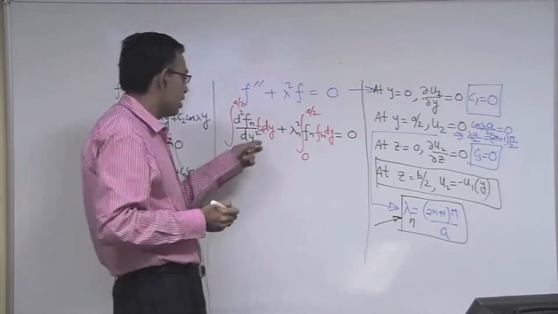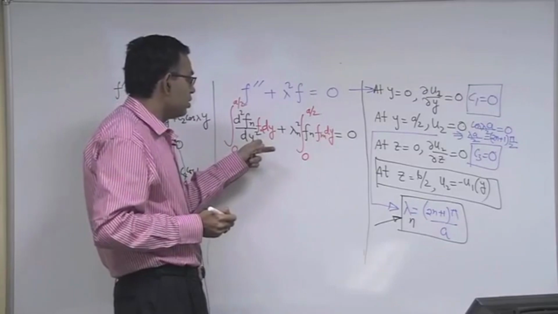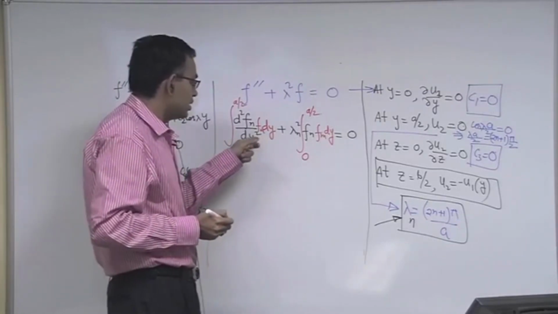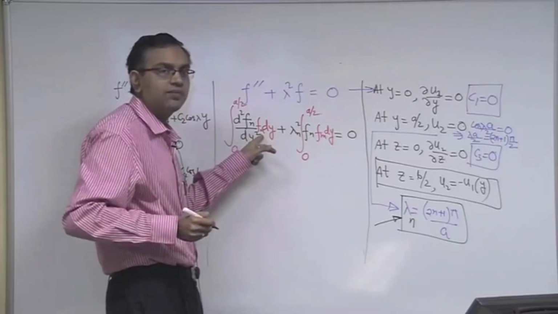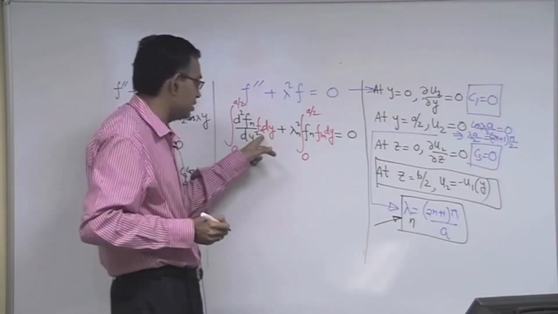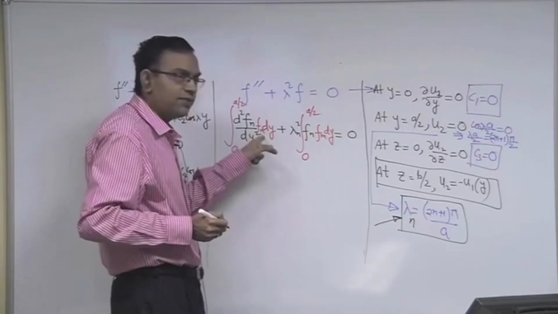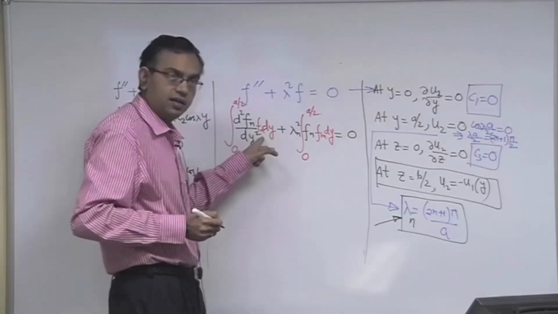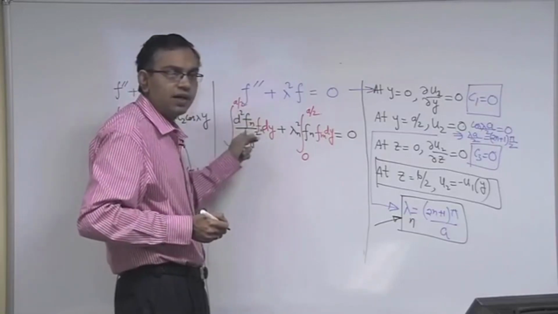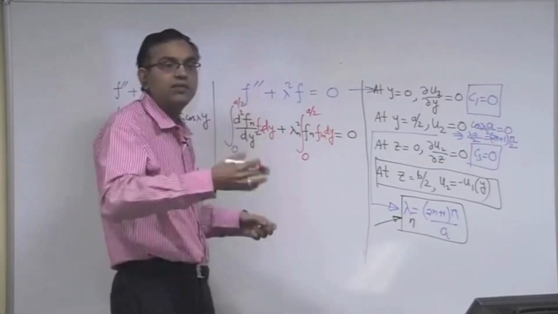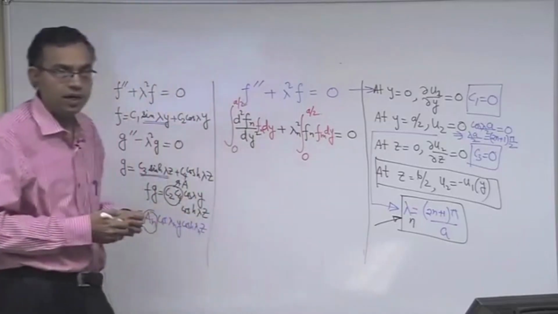Now, what we will do is we will integrate it by parts. One of these functions we have to consider the first function and the other function we have to consider the second function. Typically the rule is first function into integral of the second. So, we typically take the higher order derivative as the second function, because we can reduce the order of the derivative through integration by parts.